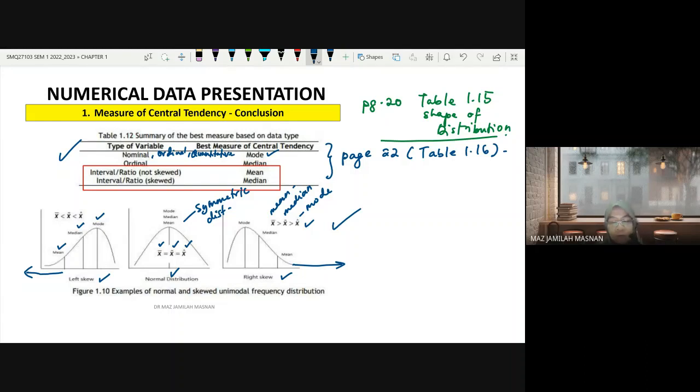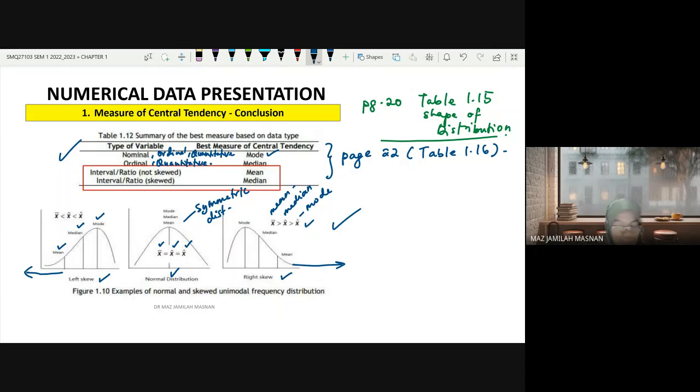Okay, so you can use the mode. The median, you can use for ordinal or quantitative data. The best measure is the median.